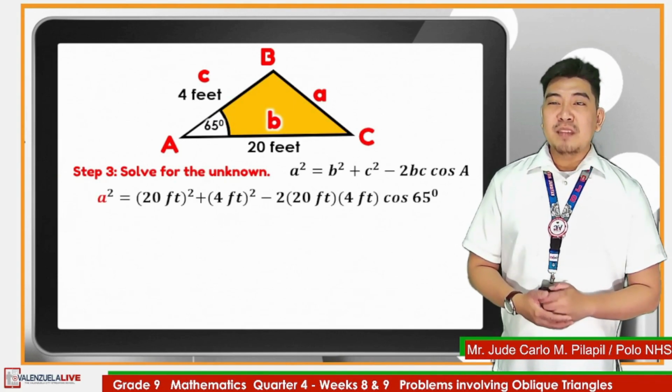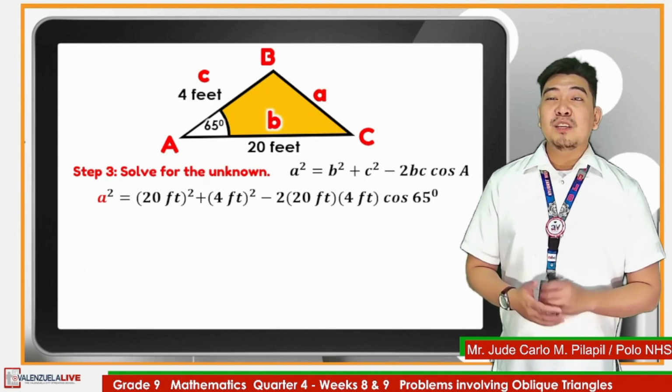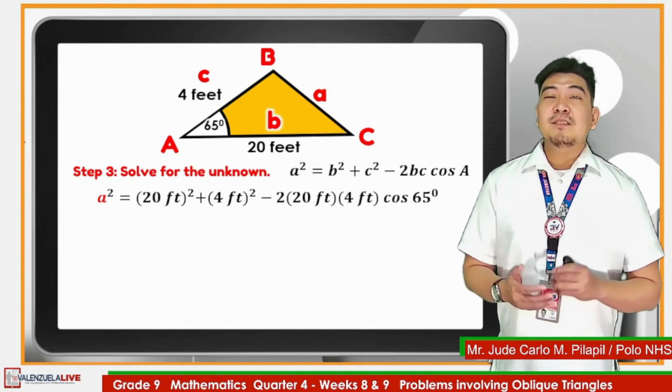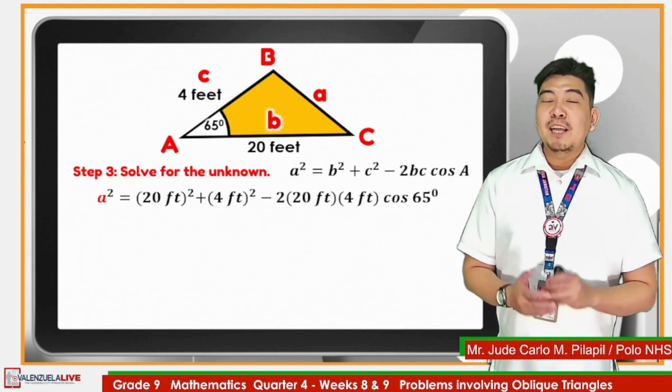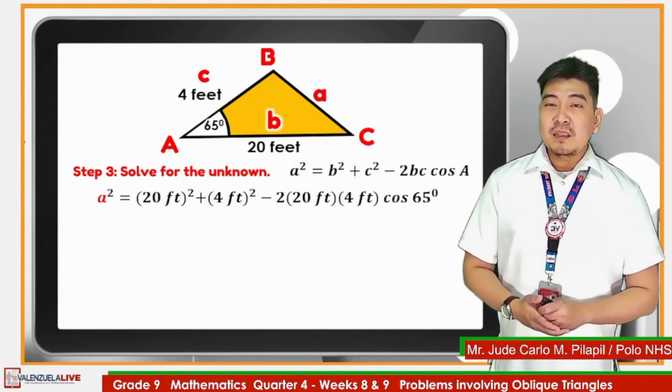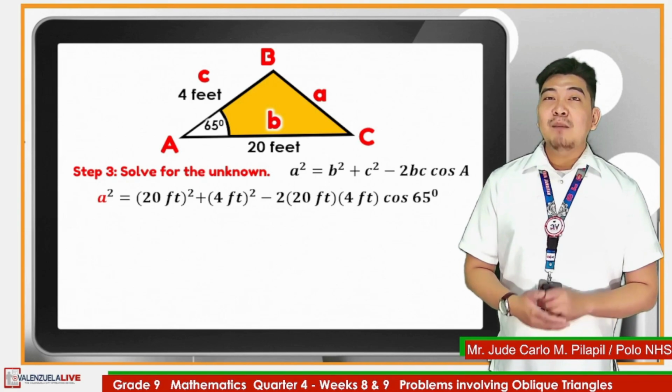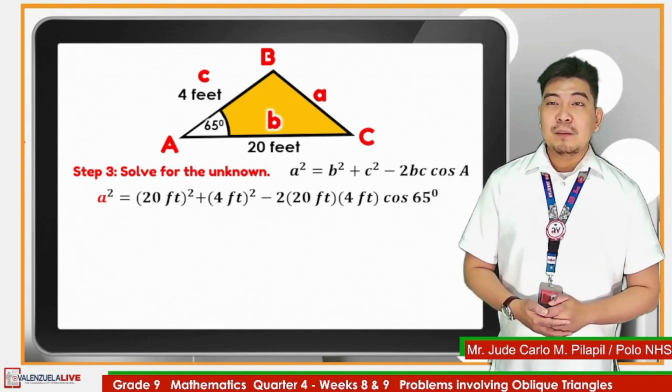That's why we obtained A squared is equal to the square of 20 feet plus the square of 4 feet minus 2 times 20 feet times 4 feet times cosine 65 degrees.